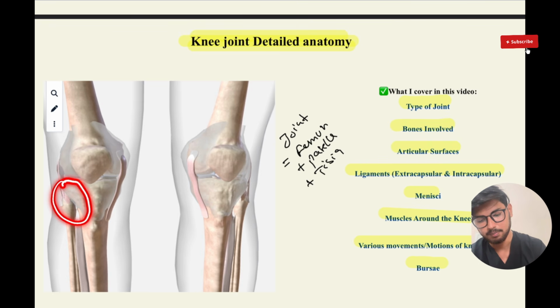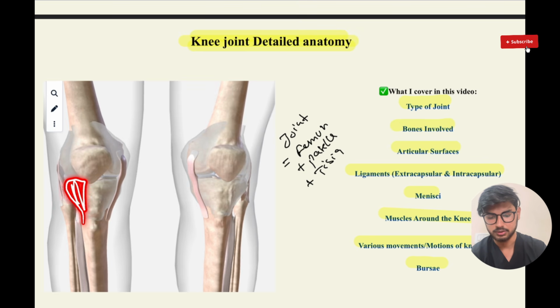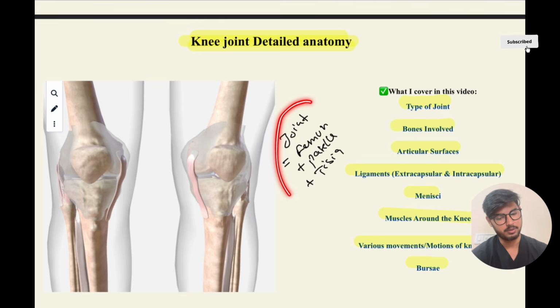And then the proximal tibiofibular joint, where the fibula head and the lateral surface of the tibial condyle form a joint. These are the three important joint aspects in the knee complex, but the articulation is between these three bones, always remember.